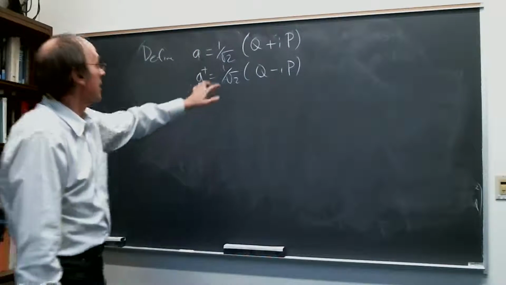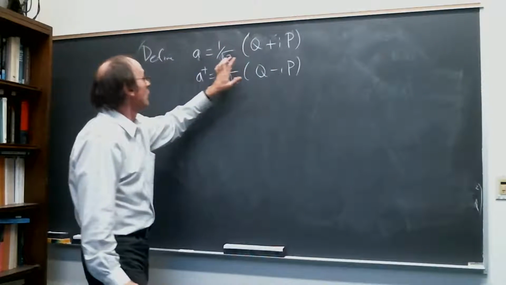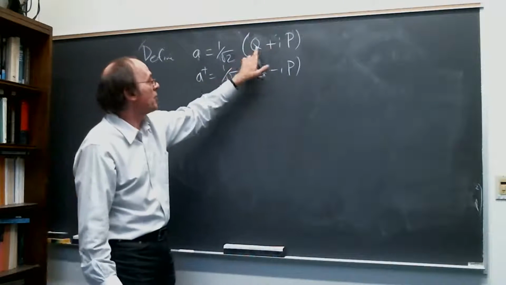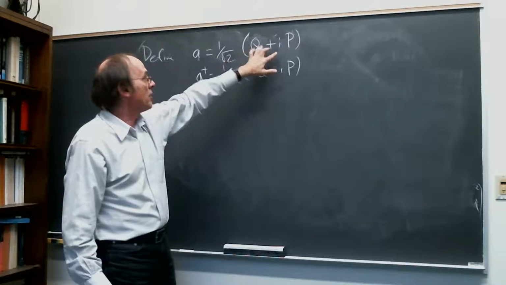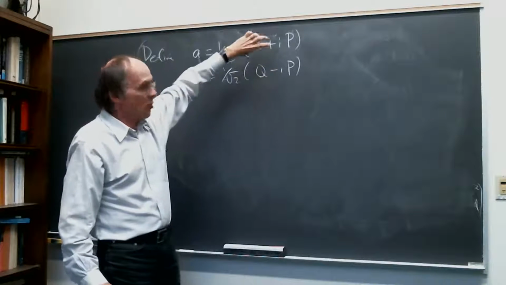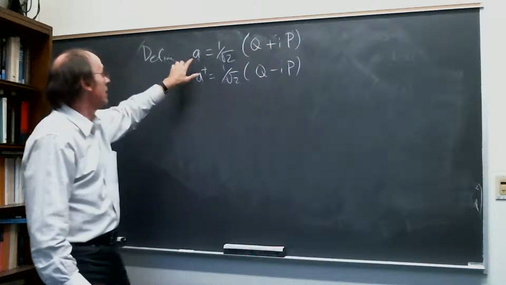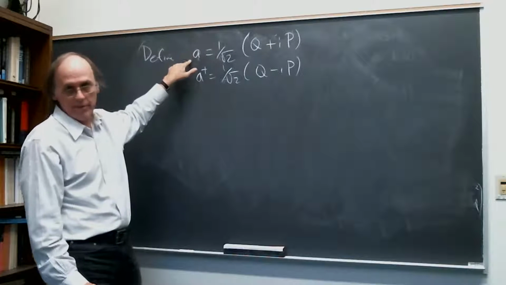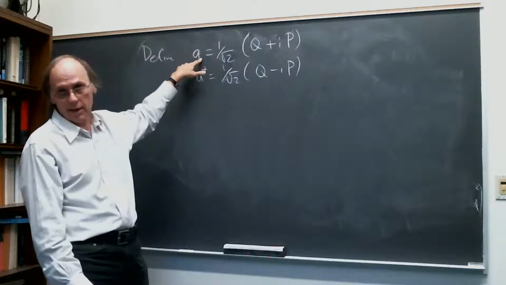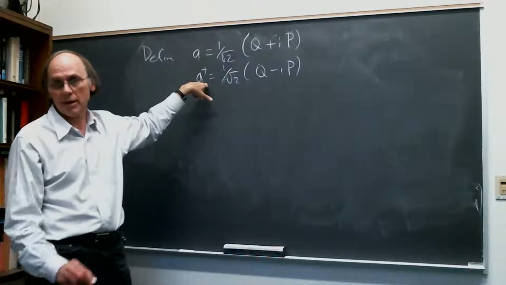The point is that these things have a nice property: under a rotation in the QP plane, they behave separately. This one behaves like e to the i theta, and this one behaves like e to the minus i theta.